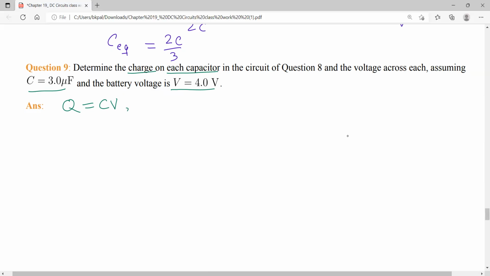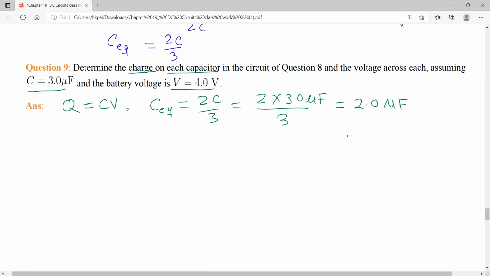Because we are now given the magnitude of the capacitance, we can determine Ceq is 2 times 3 microfarad divided by 3, that is 2 microfarad. Remember that micro means 10 to the power minus 6.